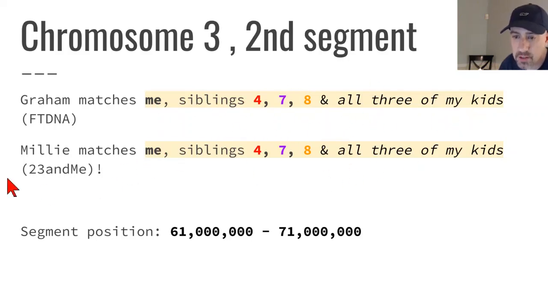We also find, according to 23andMe, that Millie matches the exact same subset of family members in this location, roughly between 61 million and 71 million. So on the basis of this very specific pattern, I would conclude that Millie and Graham more than likely match each other on this segment.